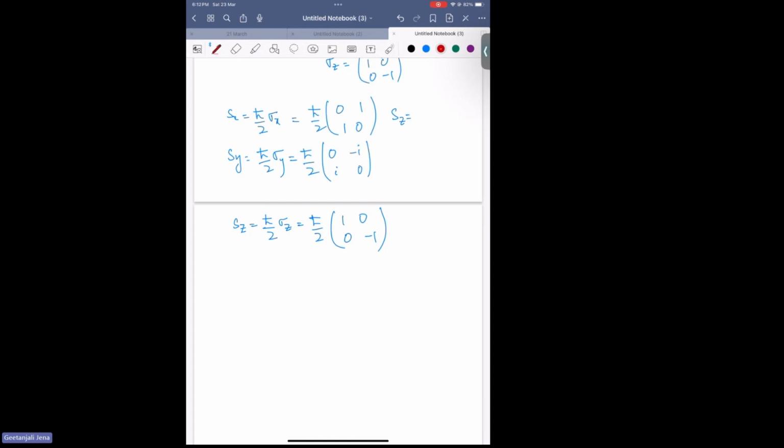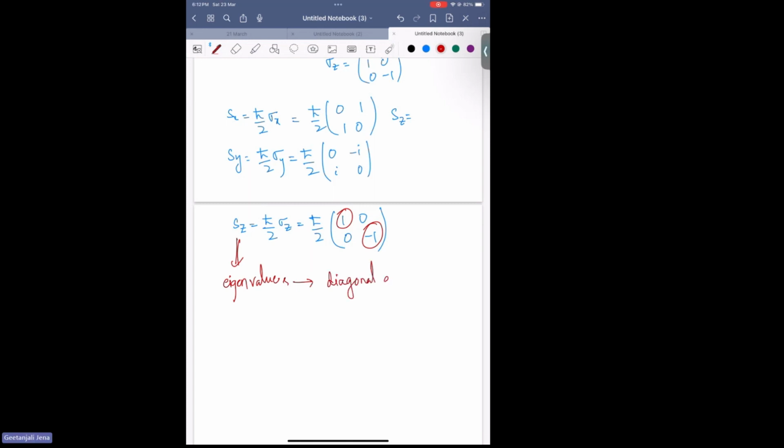The eigenvalues and eigenvectors of a diagonal matrix are easy to find. The eigenvalues of this Sz will be equal to the diagonal elements.